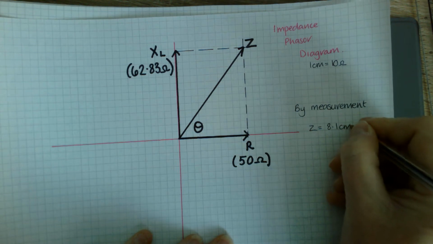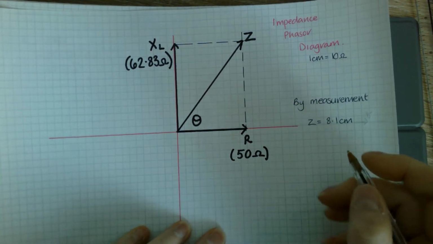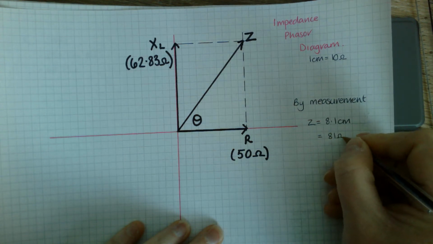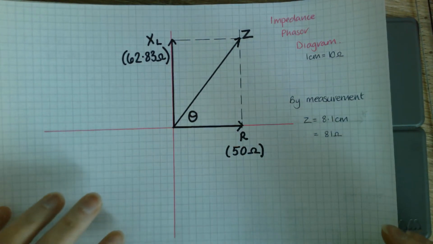So by my scale, if 1 centimetre equals 10 ohms, then that is about 81 ohms. We'll be able to confirm this by calculation.